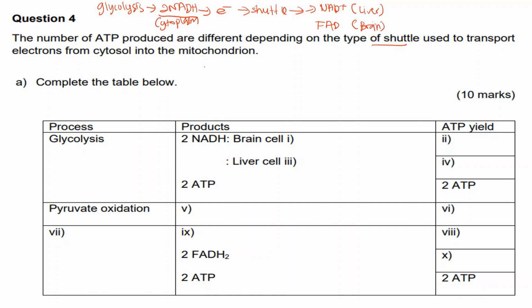So NAD plus will become NADH. FAD will become FADH2. So the total number of ATP produced for liver and brain cell will be different.